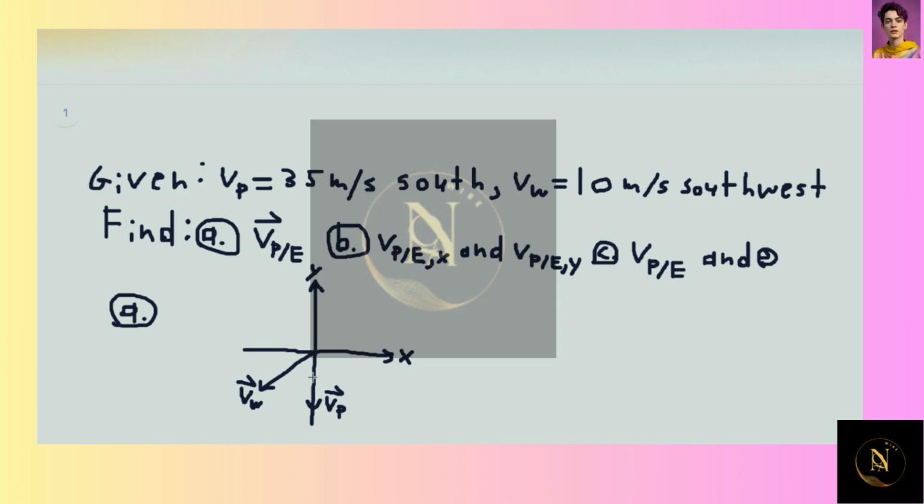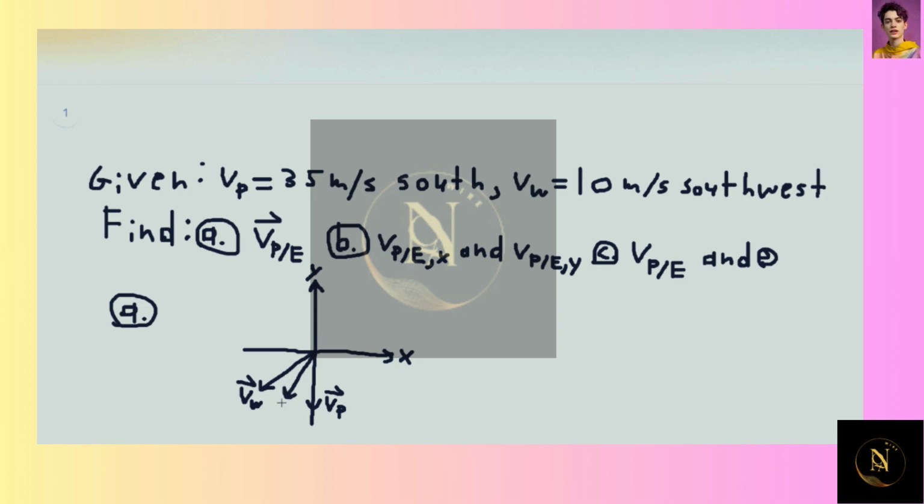Because you have the plane traveling south at some velocity, but then the wind is going to want to push it southwest. So that means that the plane is going to be somewhere in the middle, because the wind is going to have some influence on the plane moving southwest, but the plane is also traveling south here, so it's going to have to be somewhere in between here for the vector.